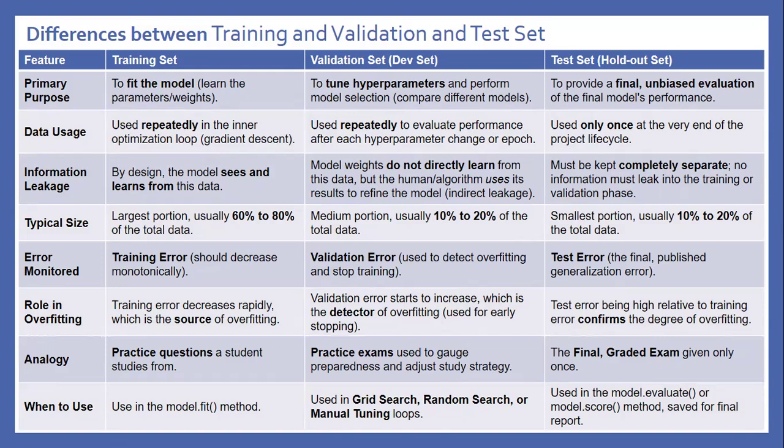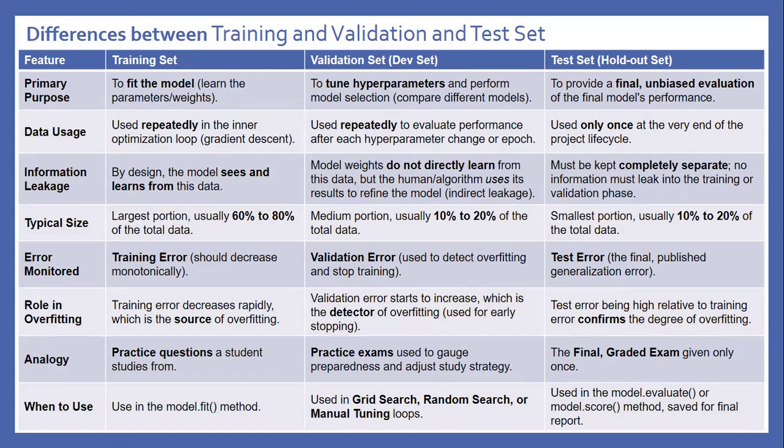For the validation set, model weights do not directly learn from this data, but the human or algorithm uses its results to refine the model, which is indirect leakage. The test set must be kept completely separate. No information must leak into the training or validation phase.